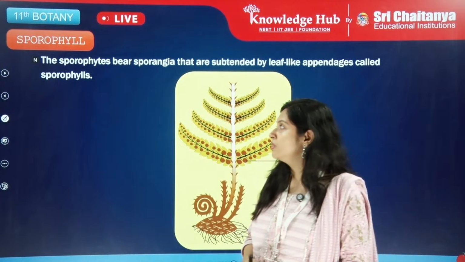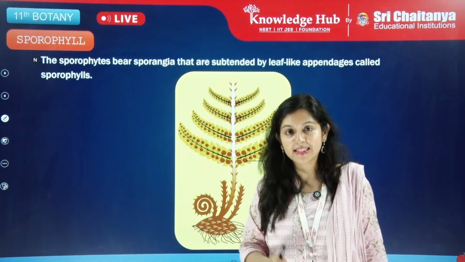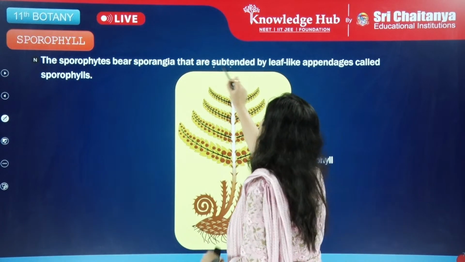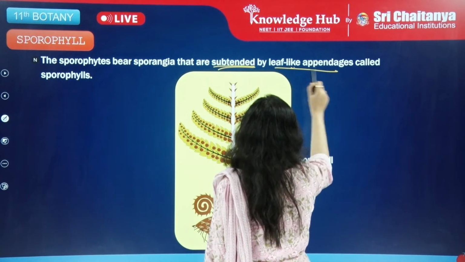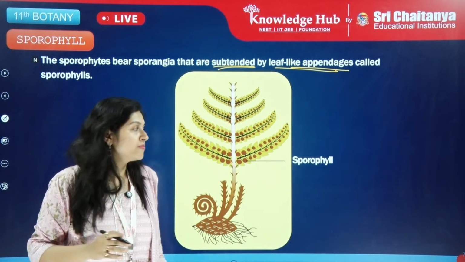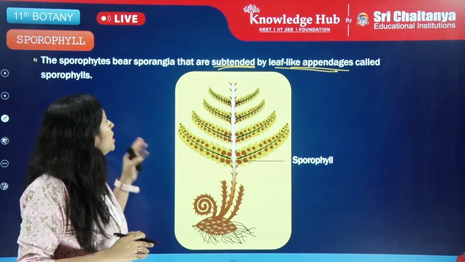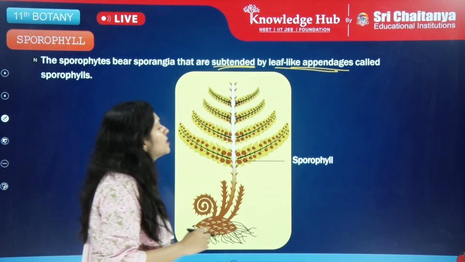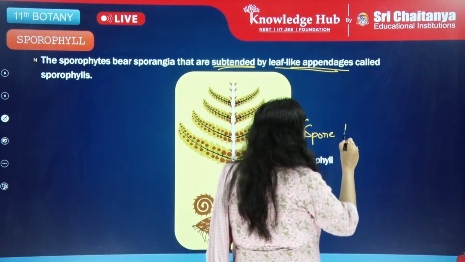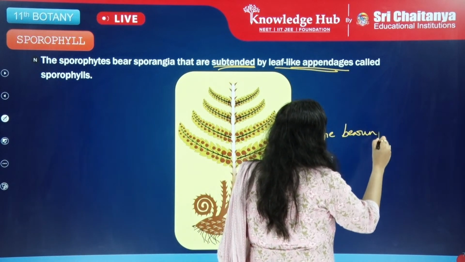Okay, so here sporophytes bear sporangia that are subtended by leaf-like appendages. This is called sporophylls. Okay, so what are sporophylls? Sporophylls are the spore-bearing leaves.